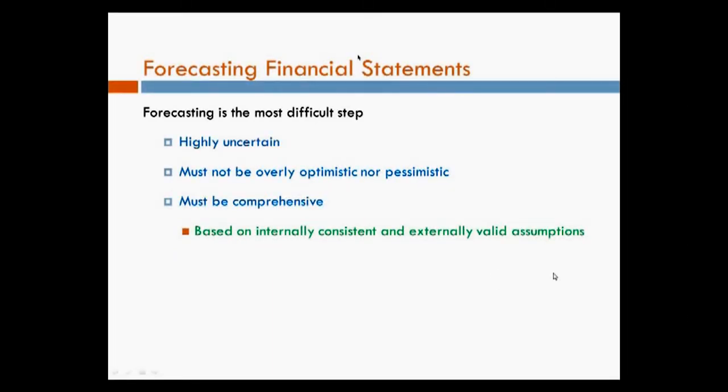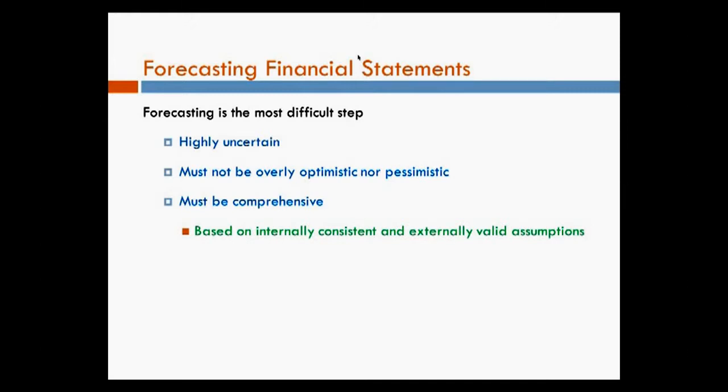Okay, so it's a little subjective here, but forecasting is the most difficult step because you're living in a world of uncertainty. You're taking guesses, you know, who knew that 2008 was going to happen. Your goal is to not be biased.